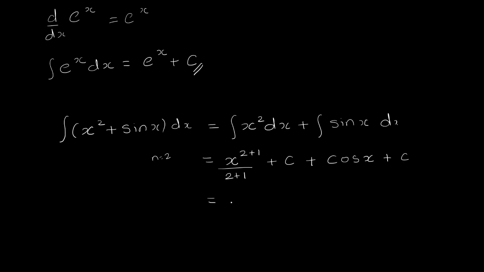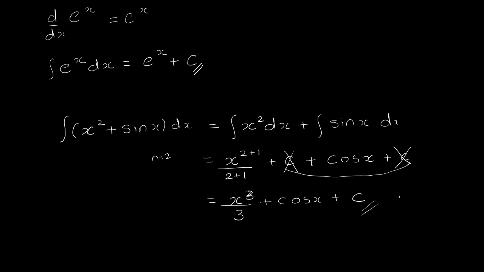We will just combine this c and this c together and write it as x raised to 2 plus 1, which is x cube upon 3, plus cos of x, and just add a plus c here. There is actually no need to write this at every step. There is no need to write that plus c after each and every integral. Once, in the final answer, if you write plus c, it is correct.